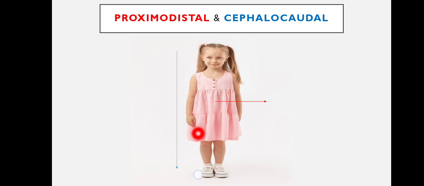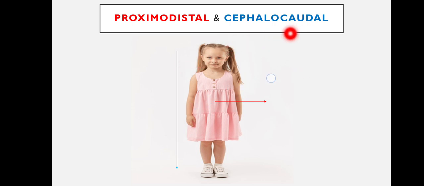We mean the child should first learn how to control their head before they can start moving their hands, and before they can even walk. If the child is born today, their development is going to occur in this order.